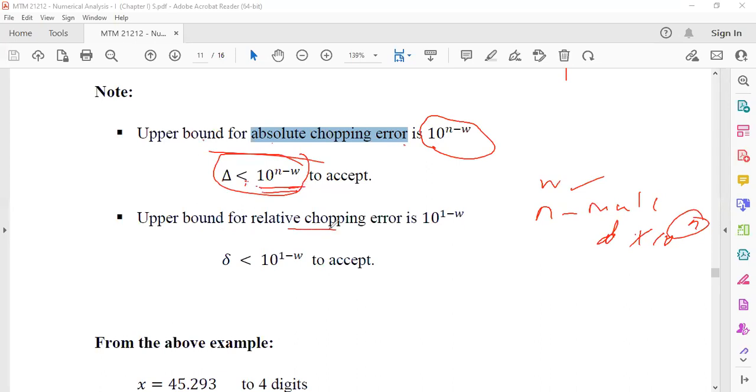Similarly, for the relative error, what do you mean by relative error? Can you tell me the formula for delta? We have seen it yesterday, in the last section of yesterday's class. What is the delta?